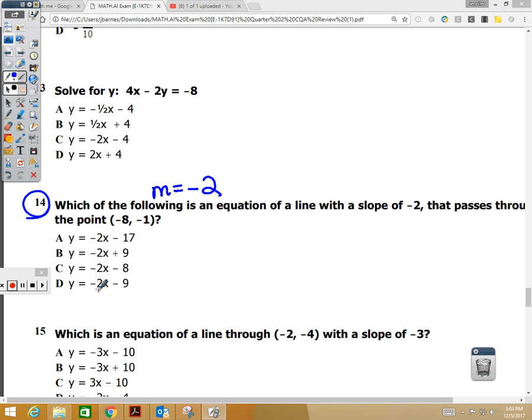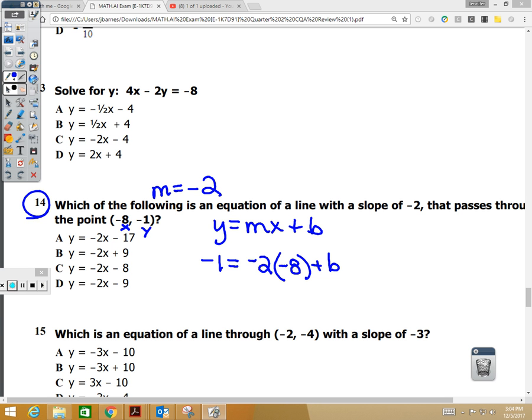But what we need to do is use our formula, y equals mx plus b, to find our y-intercept, okay? Remember that negative 8 is x and negative 1 is y. So negative 1 equals the slope, which is negative 2, times the x, which is negative 8, plus b.